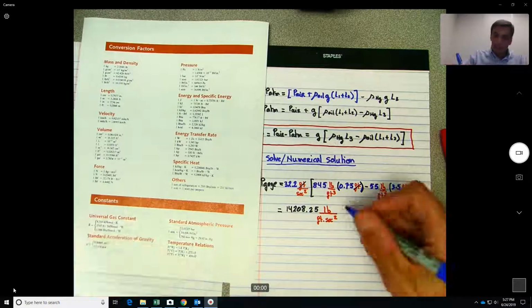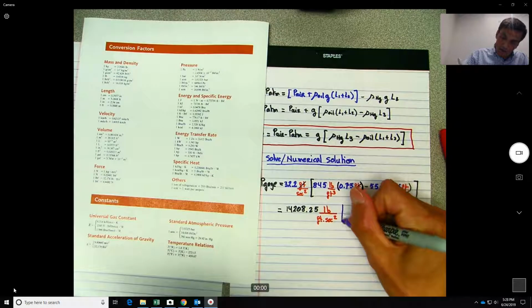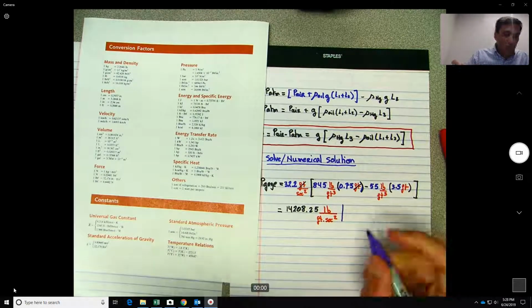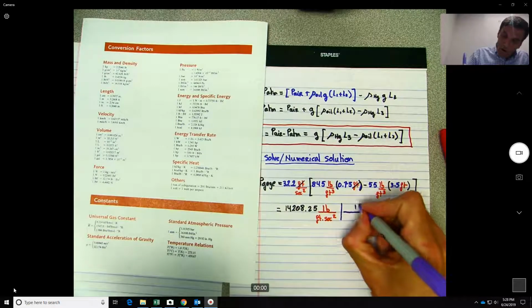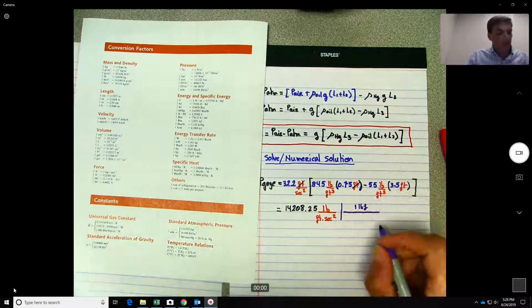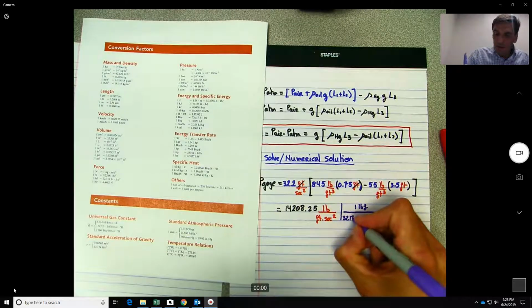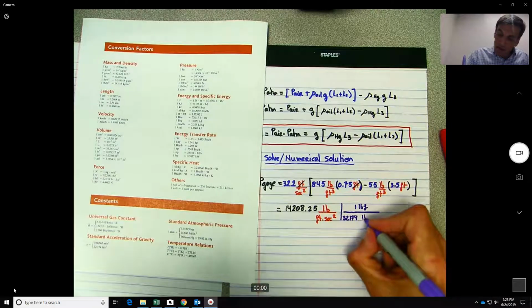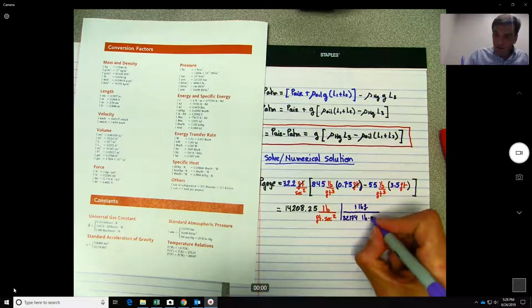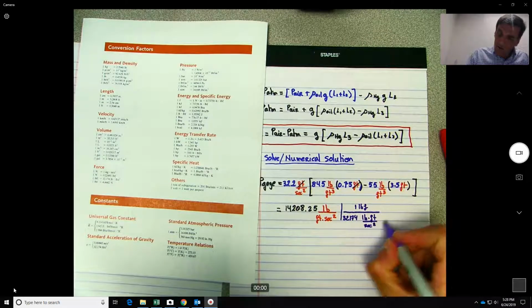So basically, maybe I can use a different color, that page is telling you that 1 lbf is equal to 32.174 lb per foot second square.